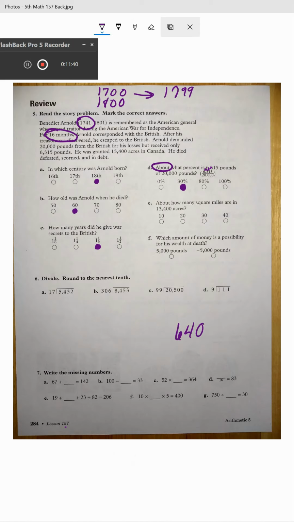All right. So how many, what did I say? There's 640 acres in a square mile. So how many square miles is 13,400? So I can divide that by this, I believe. And we can get rid of this and this, right? 64, I believe, will go into this twice and no more. Just guessing.